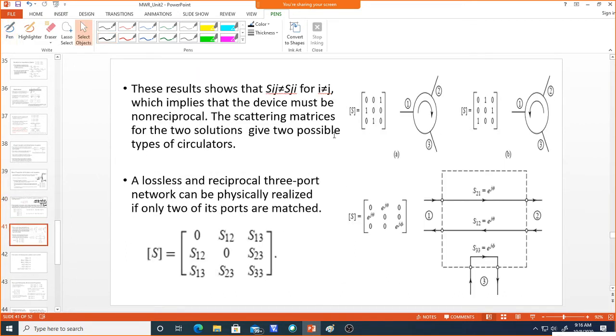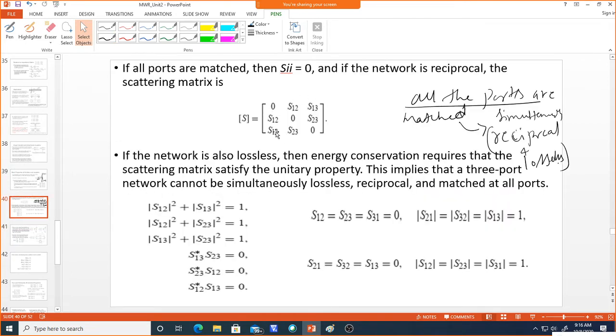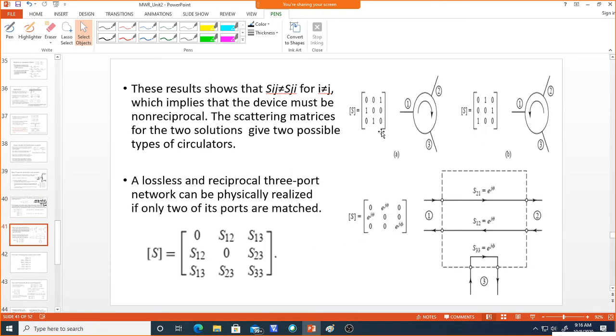That we will see. Now if you take the earlier matrix and put in these values, it leads to two conditions. If you achieve the lossless condition, the network is not reciprocal, or if you achieve reciprocity, then the network will not be lossless.